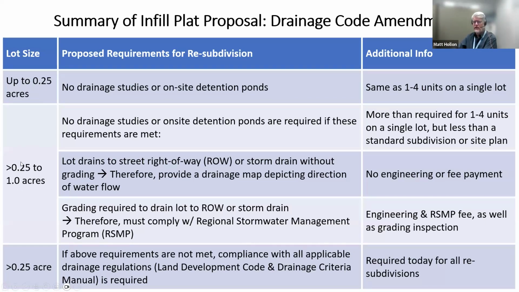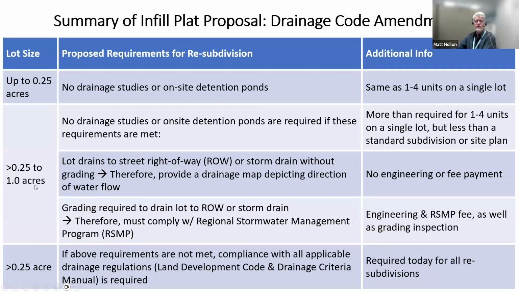Now, we could have chosen a lot of different options, but we chose 1 acre for a variety of reasons. That is the biggest we thought it would be appropriate to use this infill plat option. We actually have existing drainage criteria that have been used for a number of years, where we use this exact threshold of 1 acre.